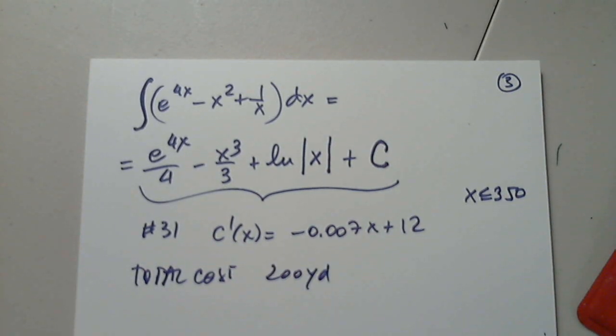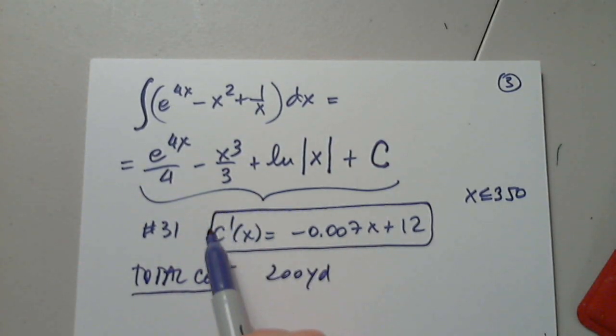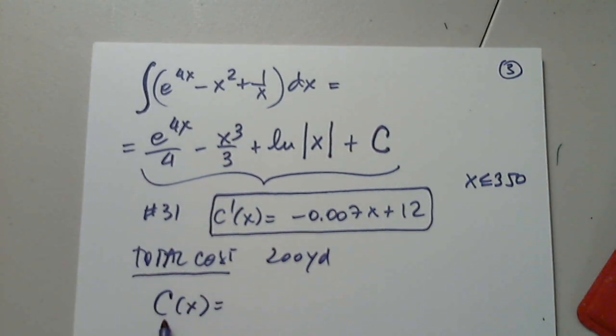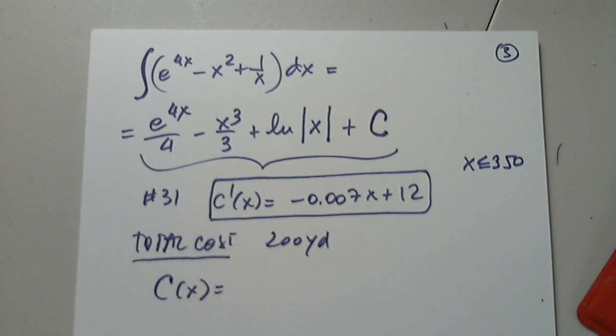We do not have the total cost. We have the marginal cost. How do I determine the total cost? Total cost function is c of x. Marginal is c prime. If I have the c prime, how do I determine the function c?